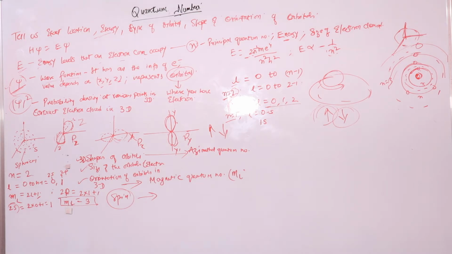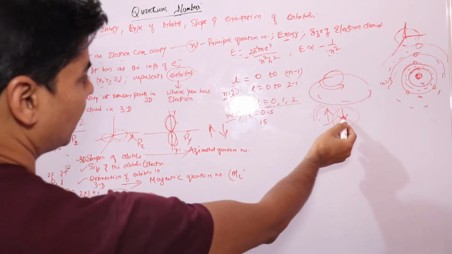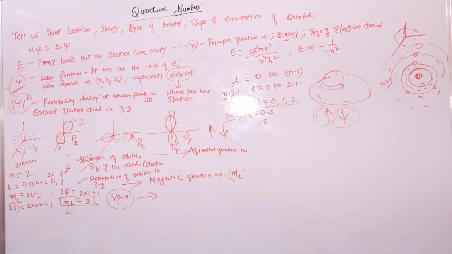Thus in an atom, if all the orbitals are fully filled, that means we have two electrons in all the orbitals, so the net magnetic moment would be zero, and the substance is diamagnetic. That means they would be repelled by the magnetic field.